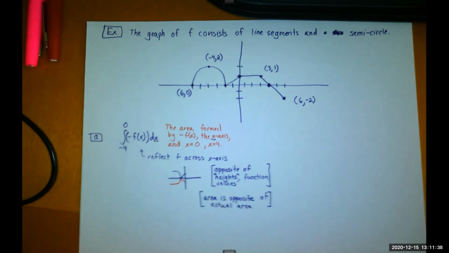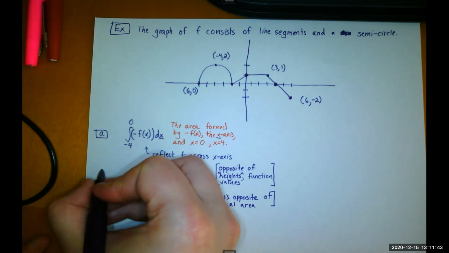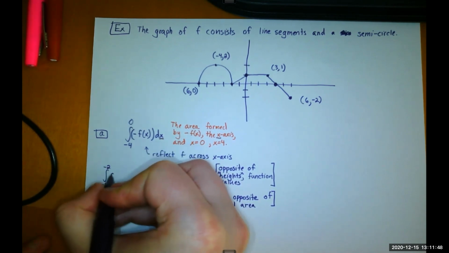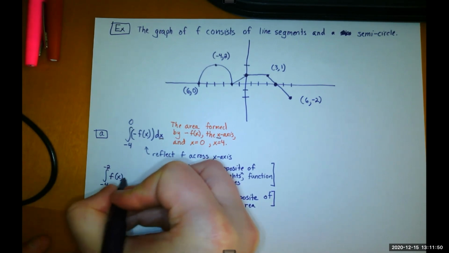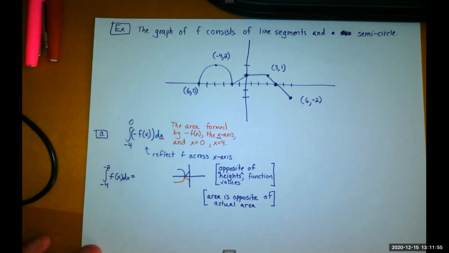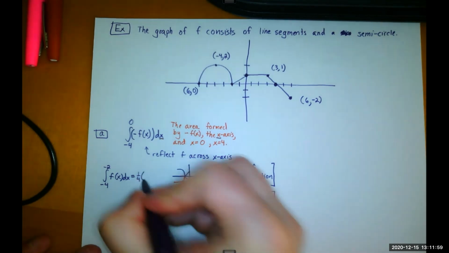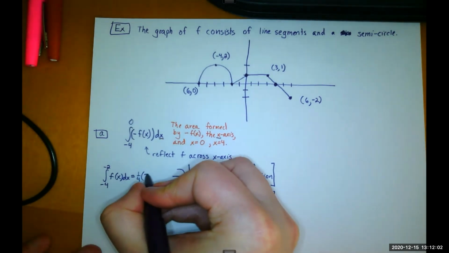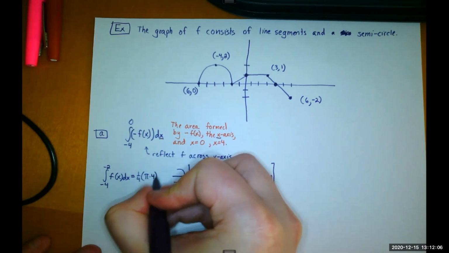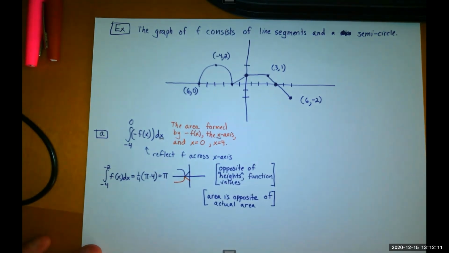Okay, so when I look at this, what I think to myself is the area from -4 to -2 of f of x is a quarter of a circle. So it's a quarter of a circle, and the circular area is pi times the radius squared, and the radius is 2. So it's pi.